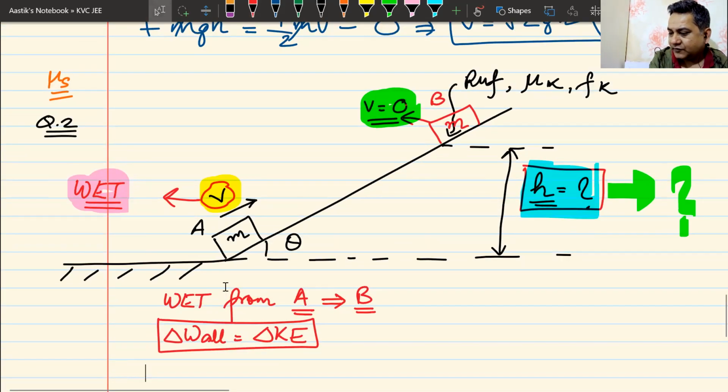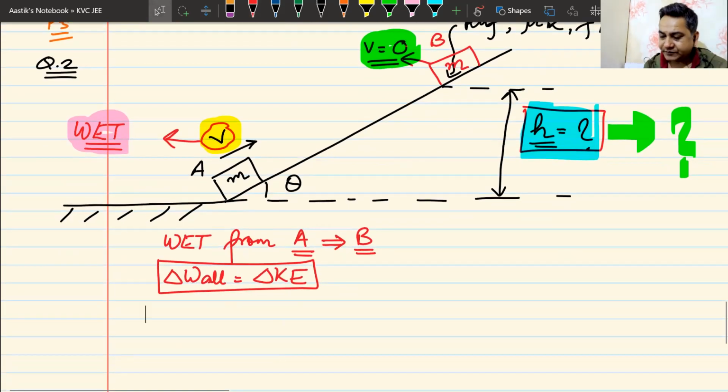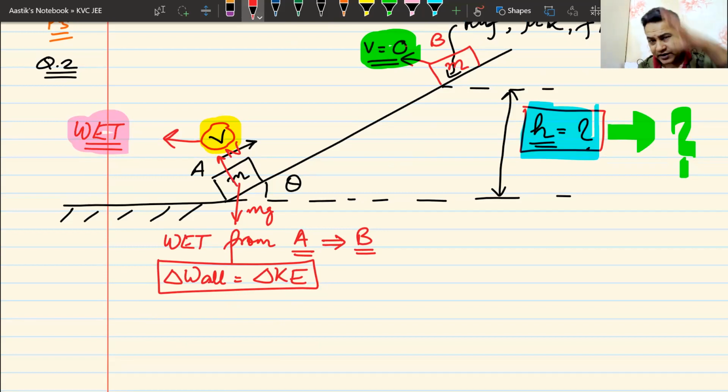Now, once we talk about all forces, we have to draw all these forces. The first force is gravity, mg. The second force is normal reaction, N. It is moving up, so the frictional force will be downwards, Fk. So these are the three forces that I must be concerned about, and I have to find out the work done by these three forces.